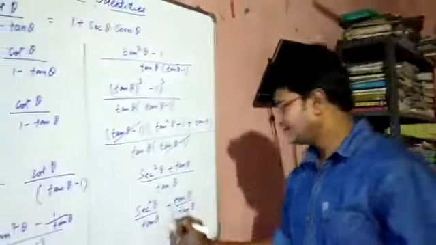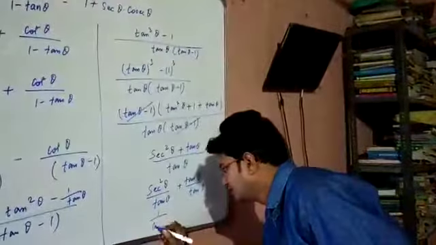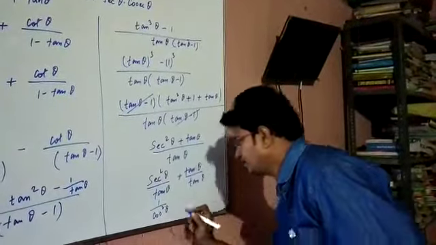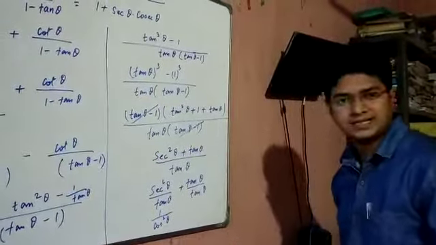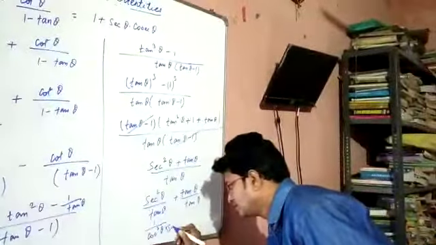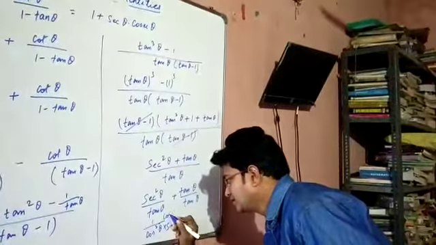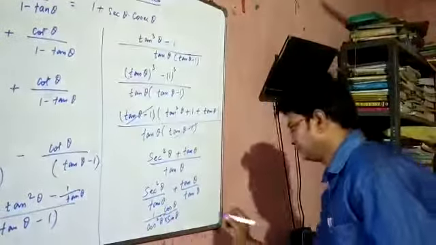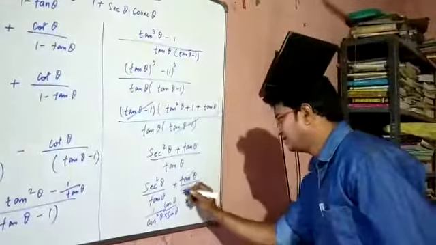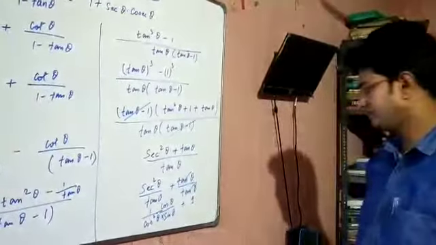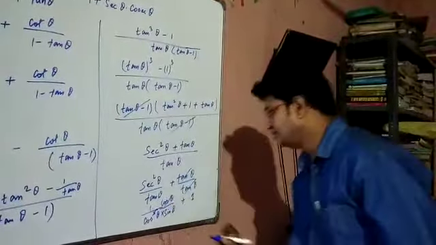Now sec square theta we can write as 1 by cos square theta, and tan theta we can write as sin theta by cos theta, plus tan theta by tan theta will get reduced.